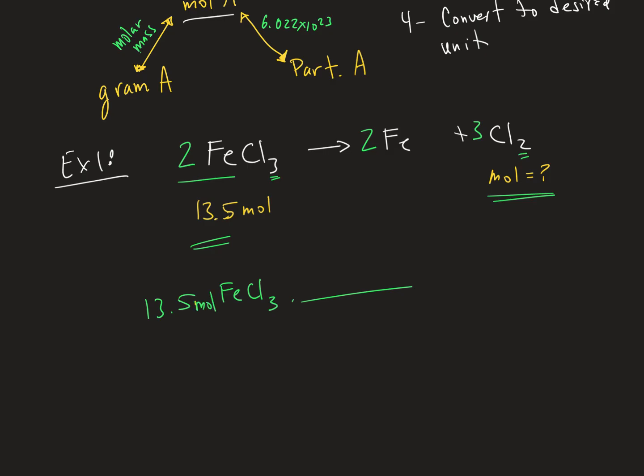Okay. So first step is balanced equation. We did that. Second step, convert to moles. We're already at moles. We're done. Third step is to convert from moles of given substance, which is FeCl3, to moles of desired substance, which is Cl2.